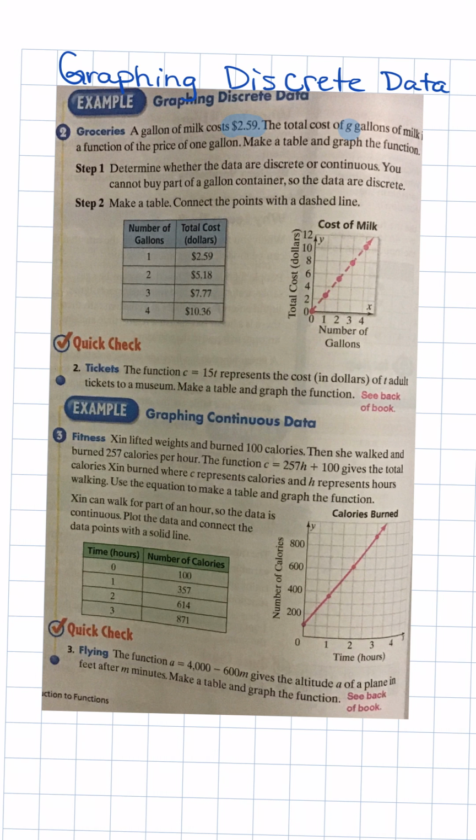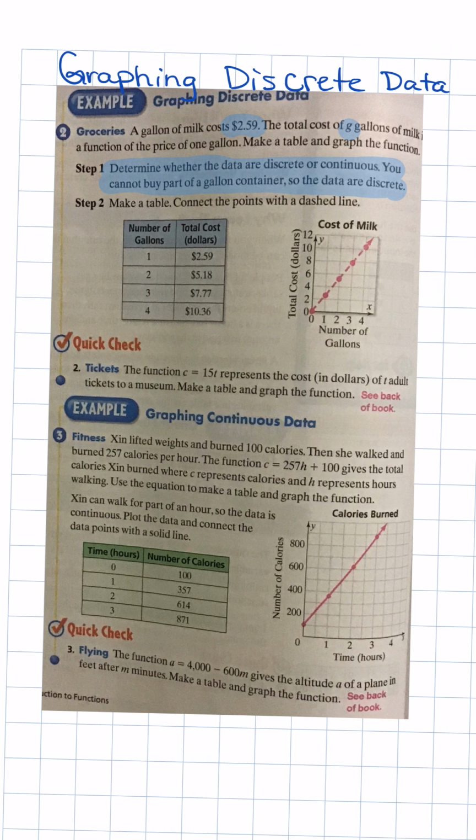Make a table and graph the function. First step, determine whether the data are discrete or continuous. You cannot buy part of a gallon of milk, so the data are discrete. That means that it is going to be a dotted line.